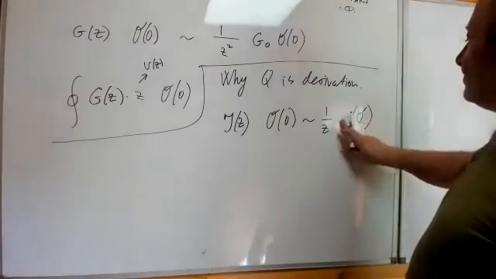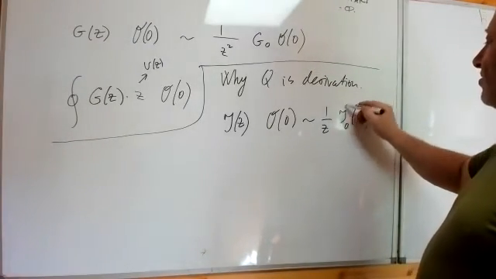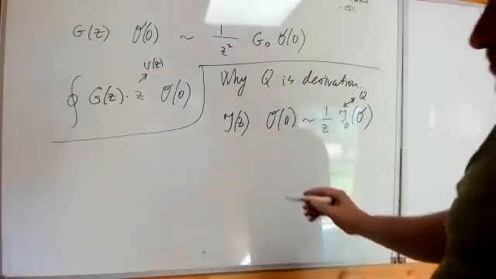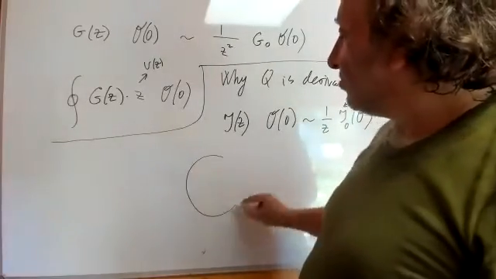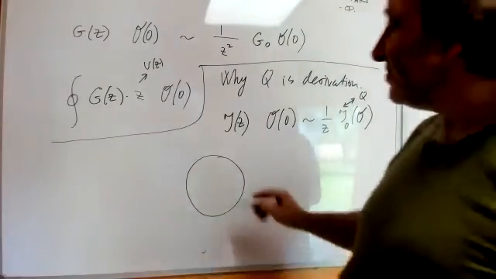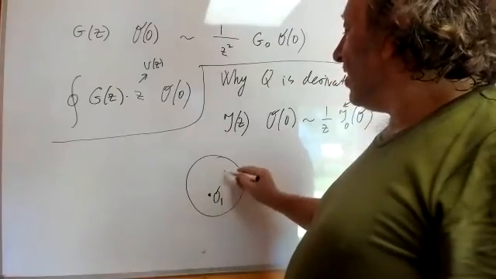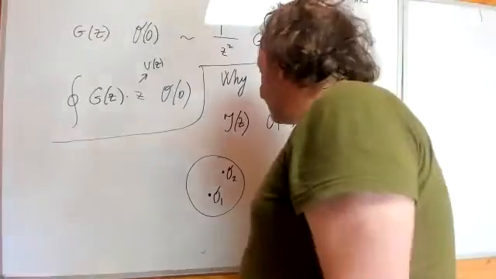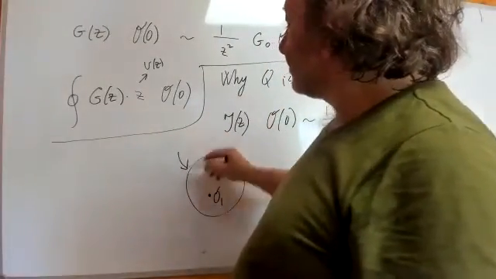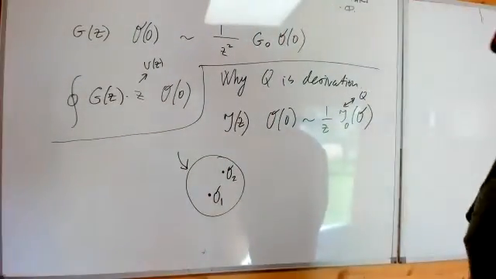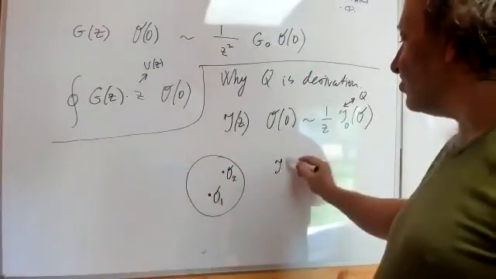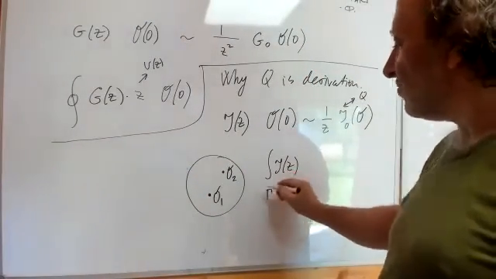You can call it G naught, or you may call it Q. If you have two operators, O1 and O2, you may look at the expression that is G of z integrated over the contour gamma.